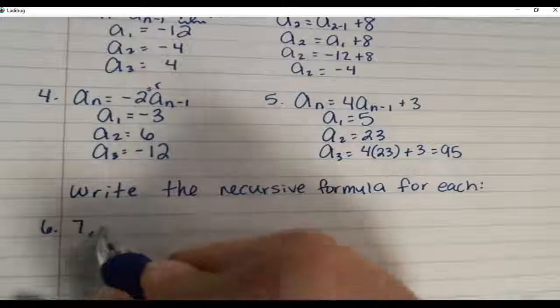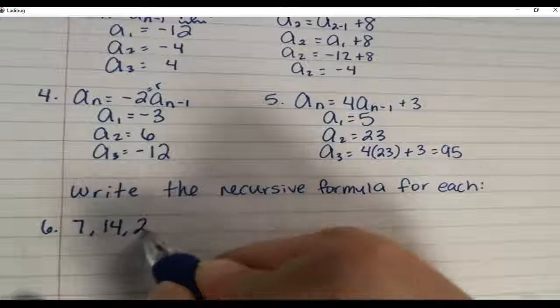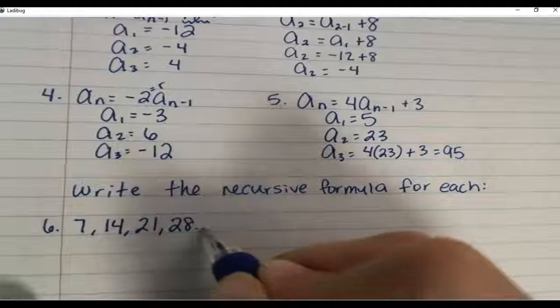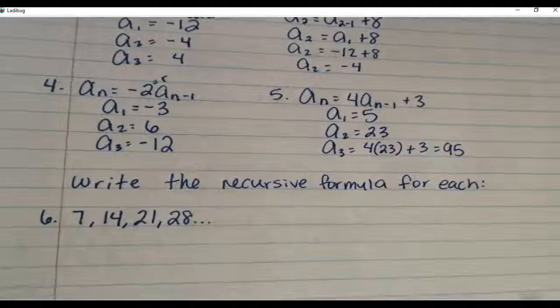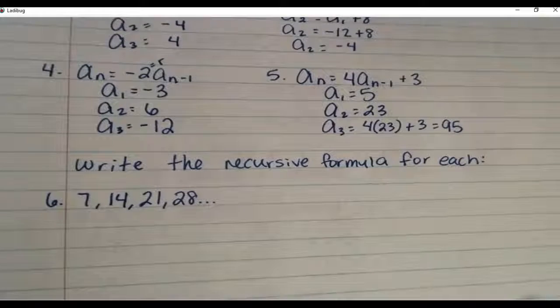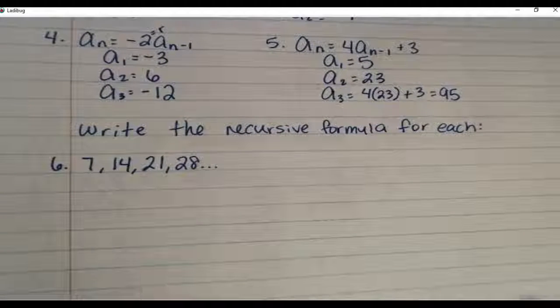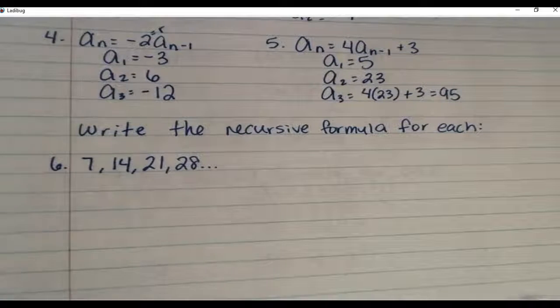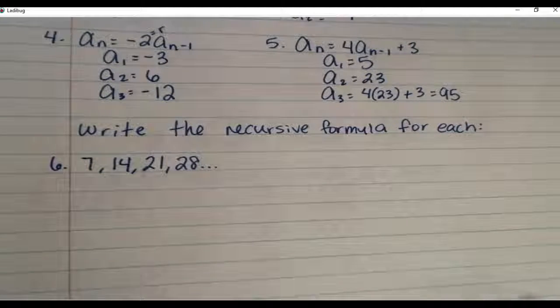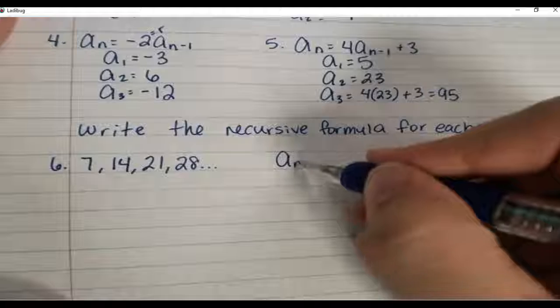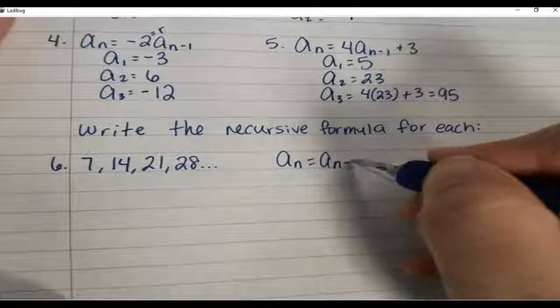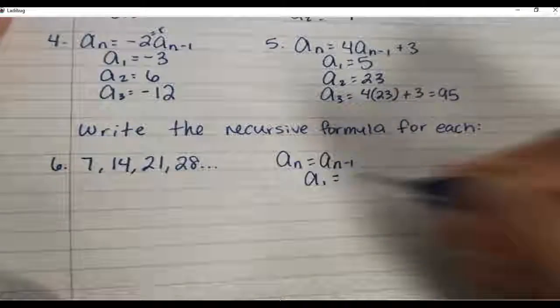So we've got 7, 14, 21, 28, etc. Okay, so when we're writing the recursive formula, every single time you can write an equals an minus 1, a1 equals.